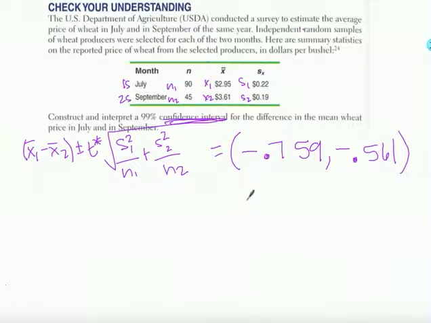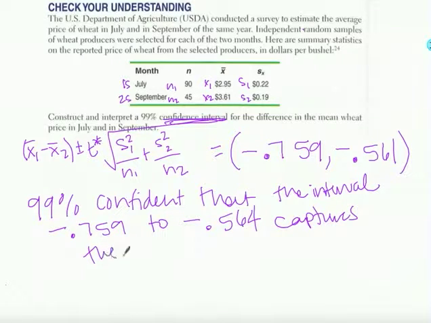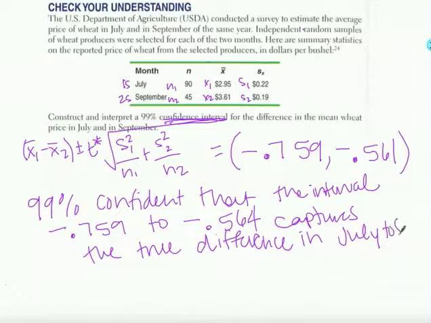So the way that we would interpret that is we would say we are 99% confident that the interval negative 0.7561 to negative 0.5639 captures the true difference in July to September.